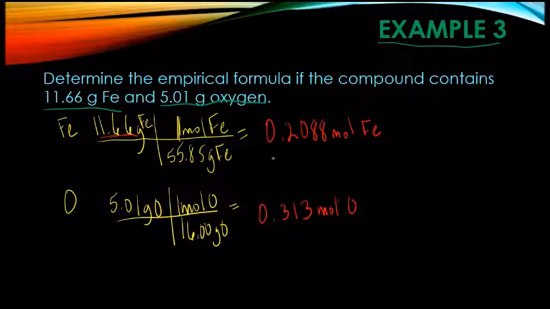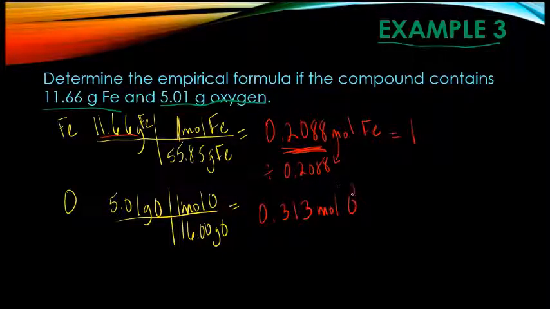Now looking at these two, this one's obviously the smaller amount, so we're going to divide both of them by this number. Of course, that gives you 1. We divide this one by the 0.2088, we end up getting around 1.5.